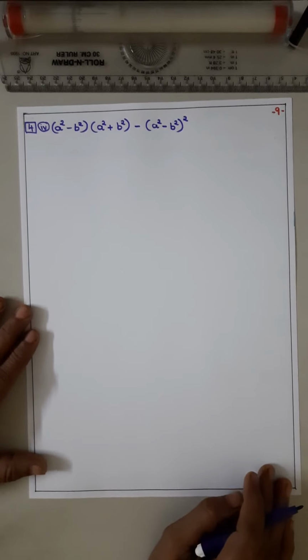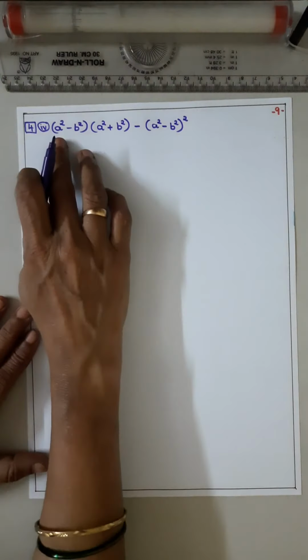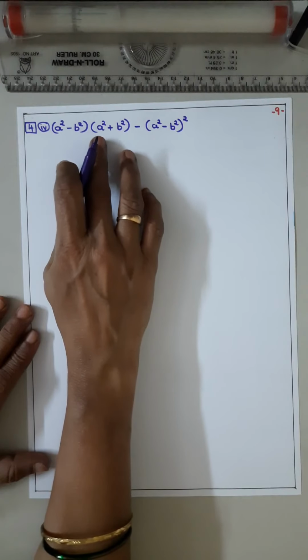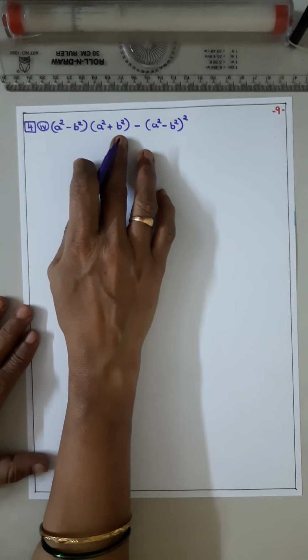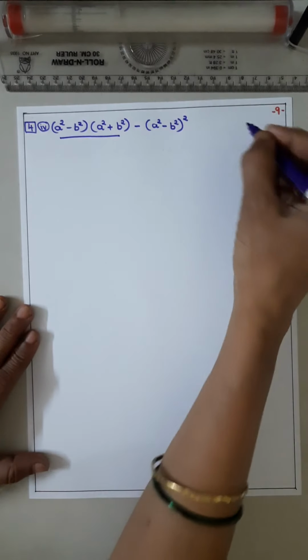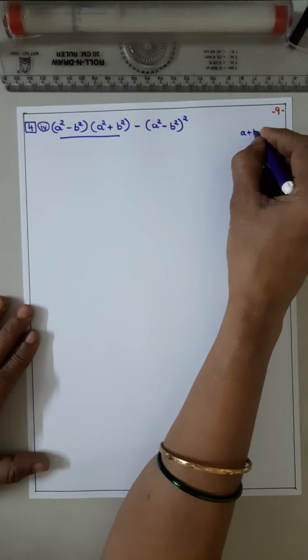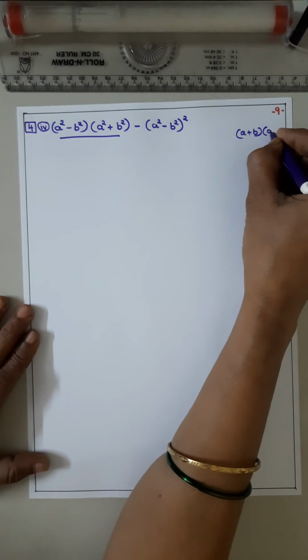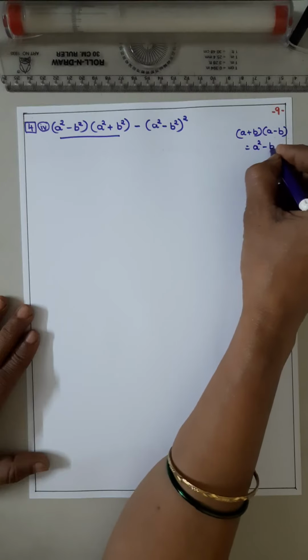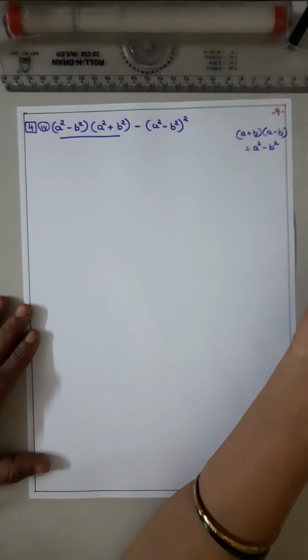It is simplified, isn't it? So a squared minus b squared, bracket open, a squared plus b squared. So ये कौन सा बनेगा? a plus b, a minus b is equal to a squared minus b squared. ये वाला है ना?